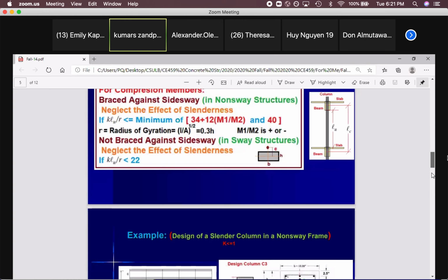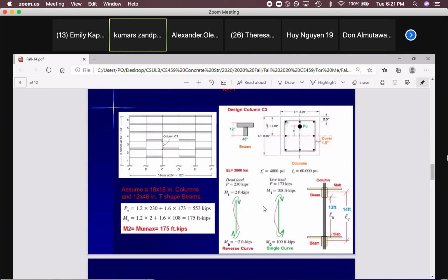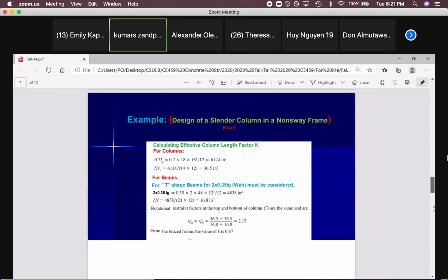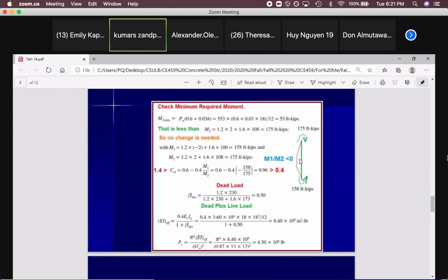In this class, I give you information like this, and you just have to make a decision: single curvature or double curvature. And I gave you the other slide, when to go with negative and when to go with positive. Okay, so because we have single curvature, negative, we use negative. That's our CM. And beta D, we calculated that as dead load divided by total load.